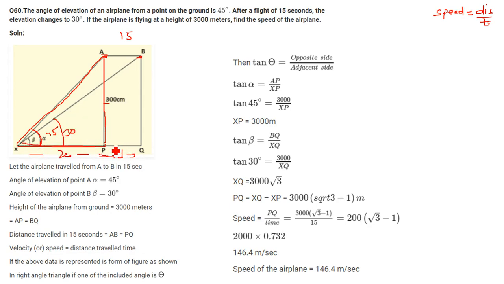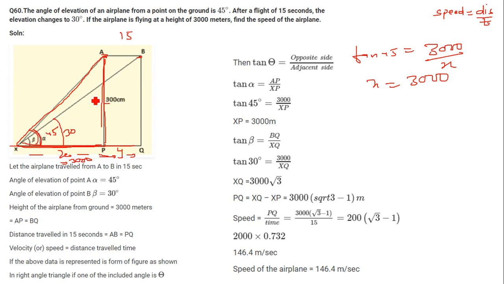So from here to here it is x and from here to here it is y. So I'm taking this triangle with angle as 45 degree. So tan 45 degree will be equal to perpendicular, that is 3000, by base, which is x. Tan 45 is 1, so x will be equal to 3000. So this is 3000.